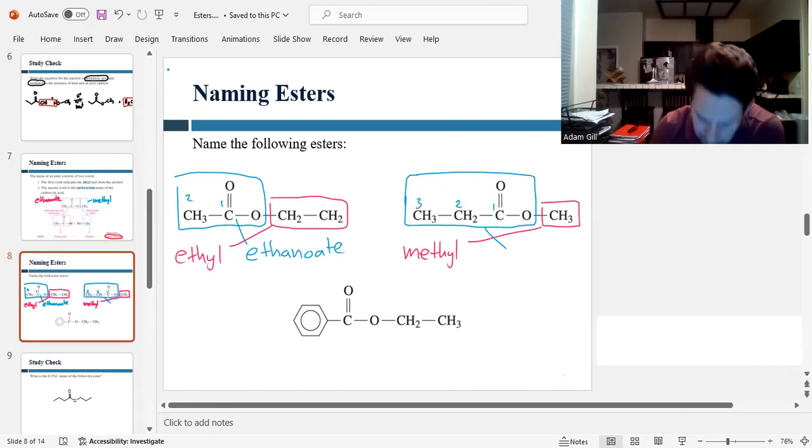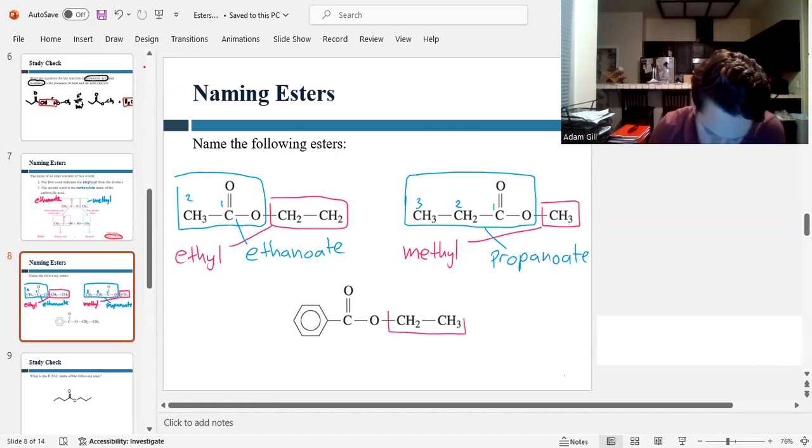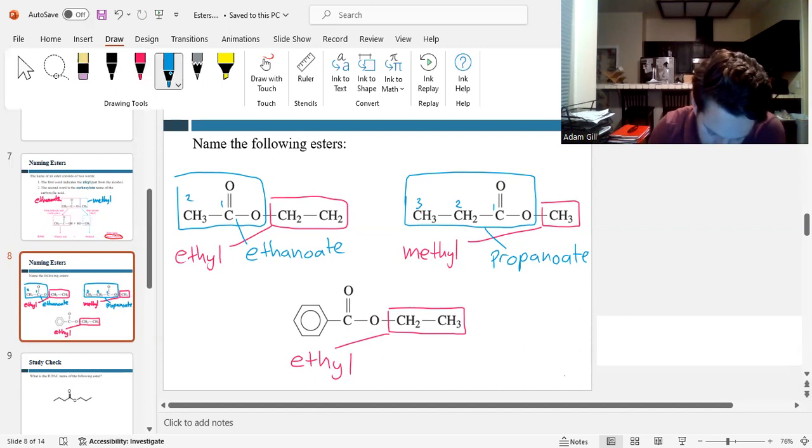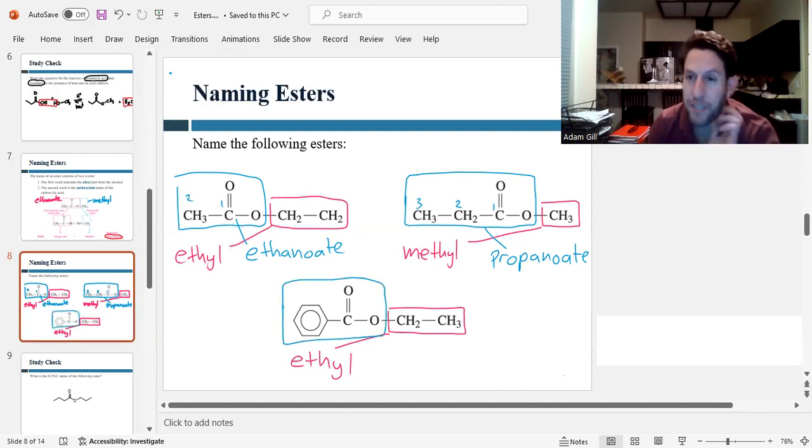So this would be propanoate, methyl propanoate. And the last one, the carbon chain here has 2 carbons. So that will be ethyl. And the carboxylate looks like it has a benzene ring. So this would be benzoate.